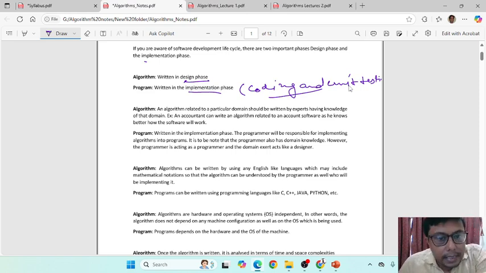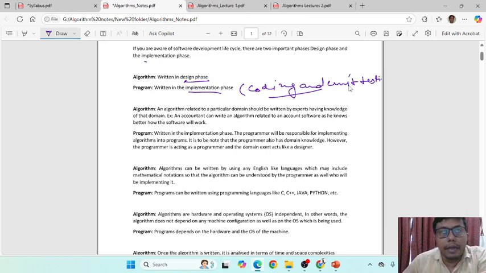As an example, all of you are well aware of a financial accounting software, that is Tally.